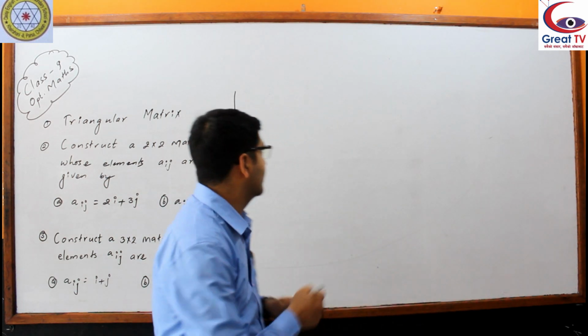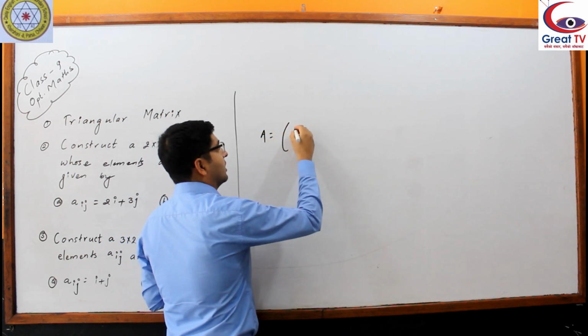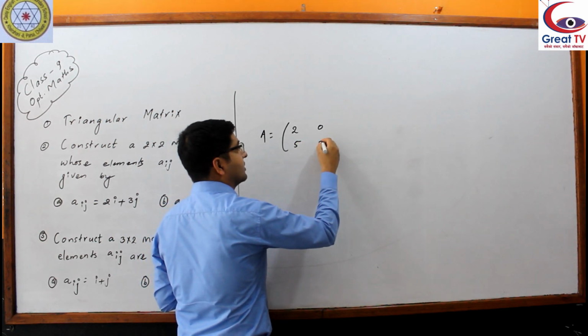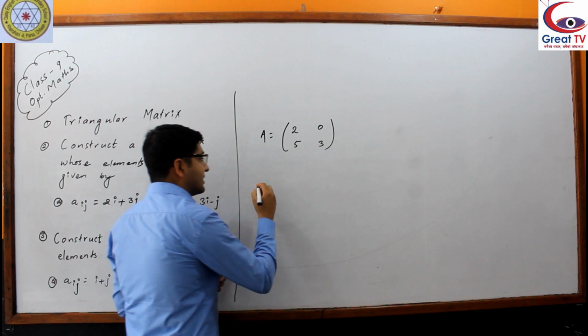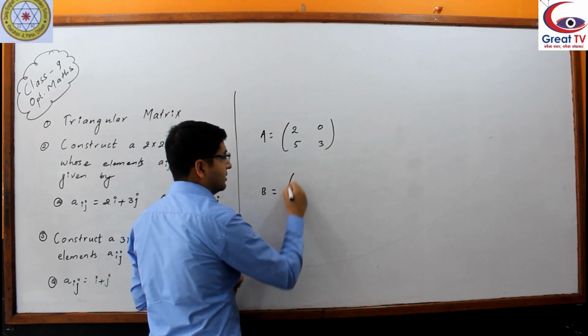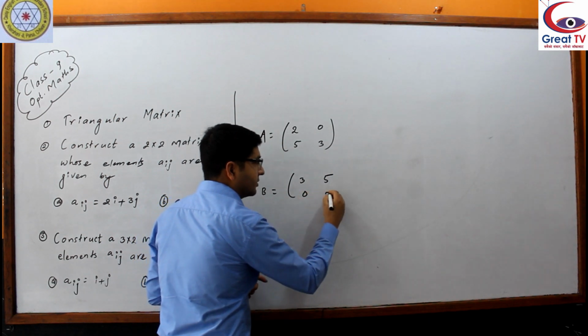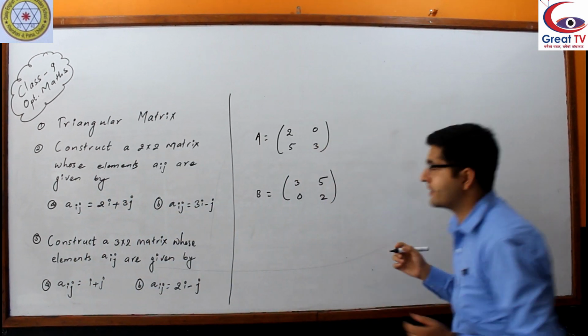You can see here, suppose matrix A is equals to 2, 0, 5, 3. Then matrix B is equals to 3, 5, 0, 2. Second example, then I am going to write another matrix.